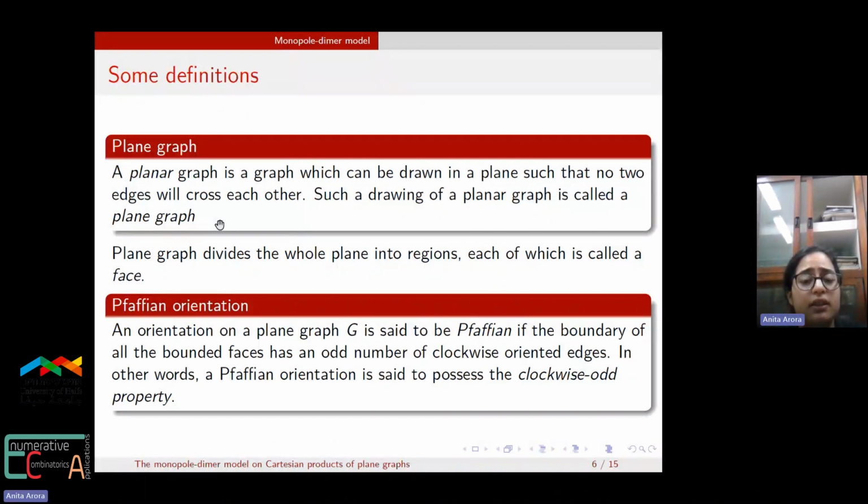The Pfaffian orientation is said to have the clockwise odd property because it is defined as an orientation in which if you move in the clockwise direction along any bounded face, then you will encounter an odd number of clockwise edges. So that's why it is called the clockwise odd property.